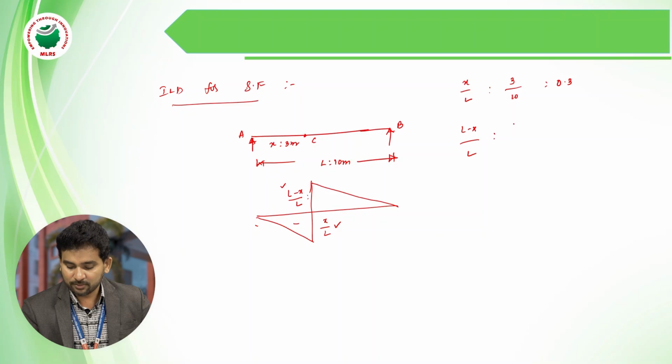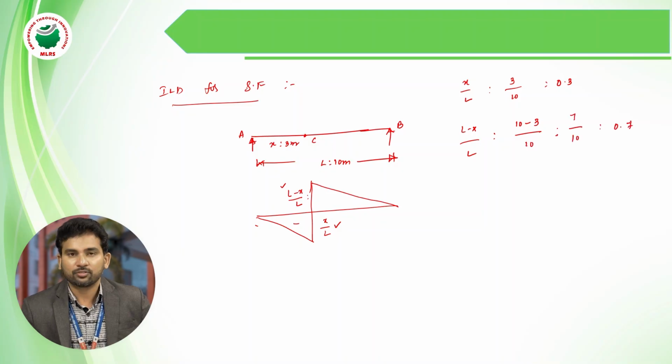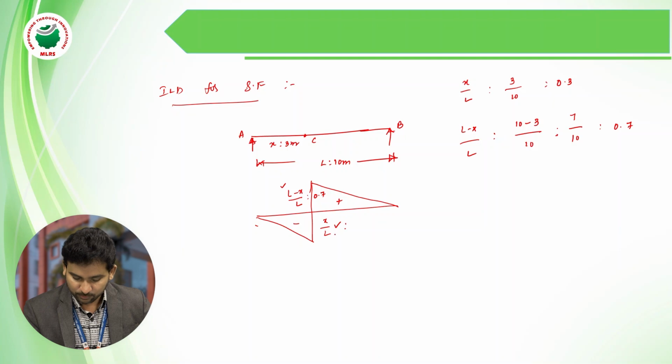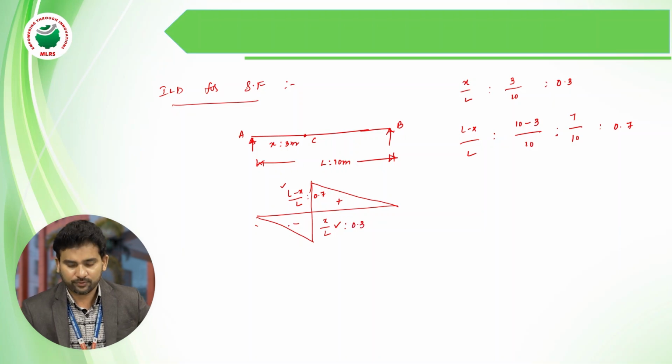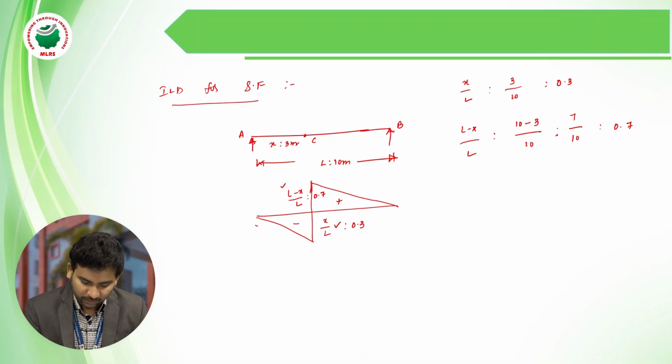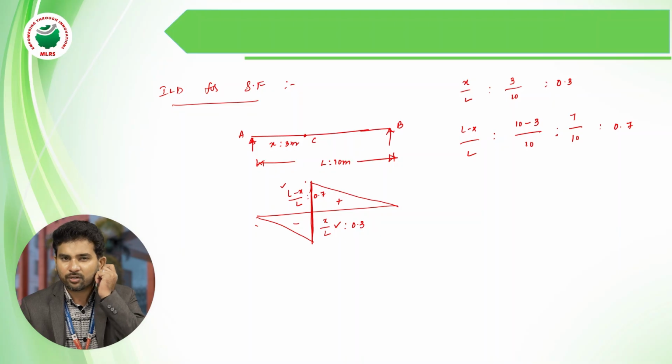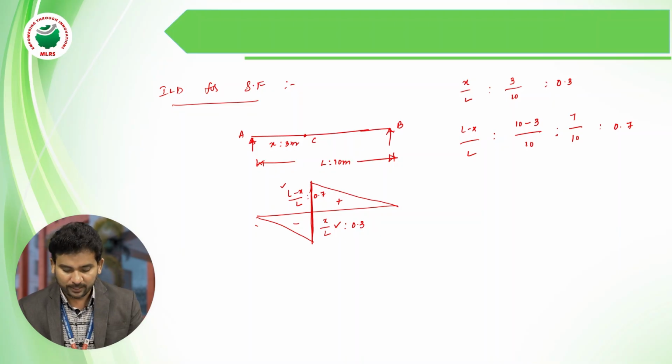Then L minus x by L is nothing but 10 minus 3 divided by 10, therefore it is 7 by 10. The final value is 0.7. So this 0.7 is the positive shear force, and this 0.3, x by L, is the negative shear force. If we sum the negative and positive ordinates, it equals the ordinate 1.